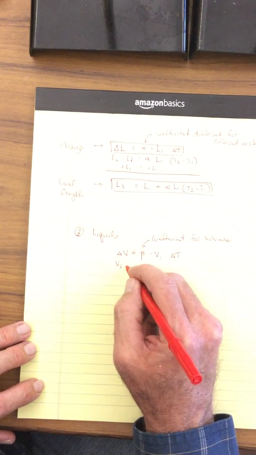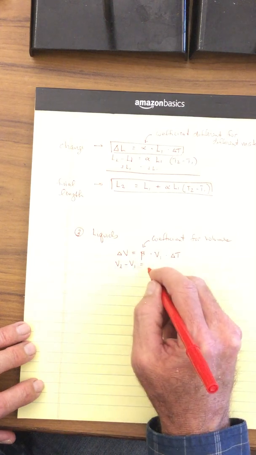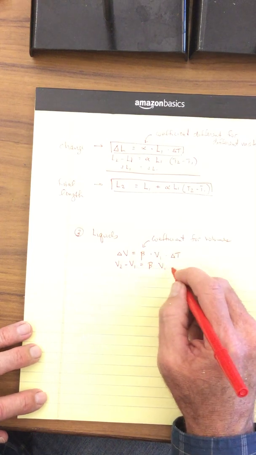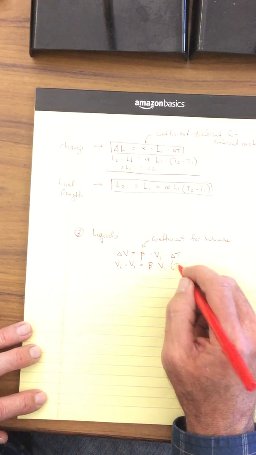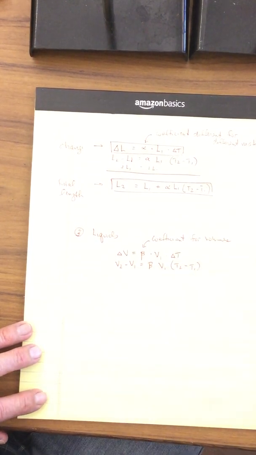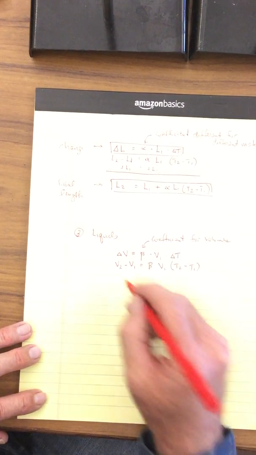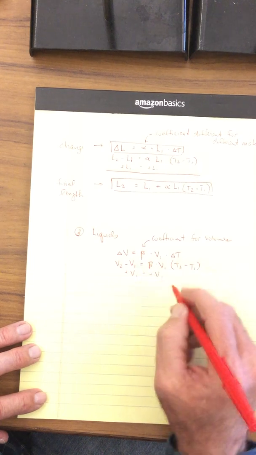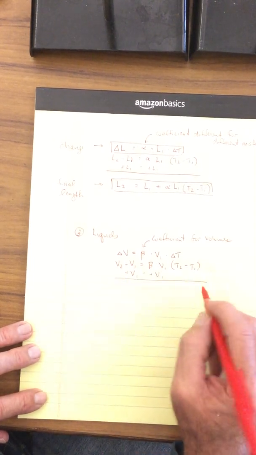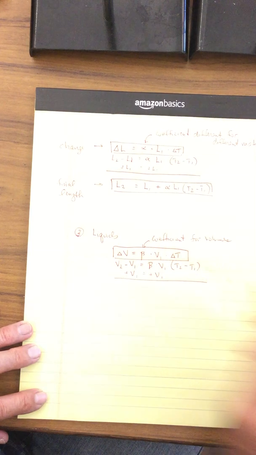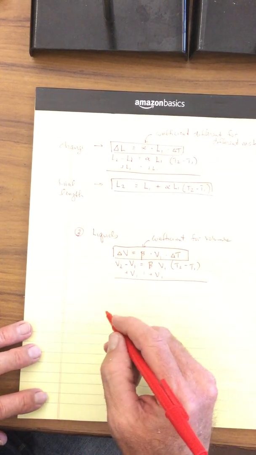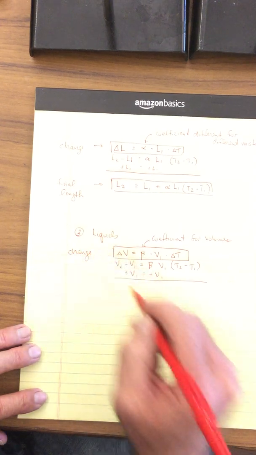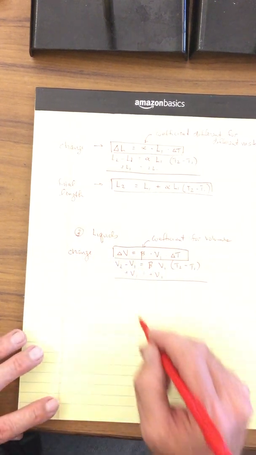Here you're going to have V2 minus V1 is equal to beta times V1 times T2 minus T1. We can add the initial volume to both sides. So while this is going to be a master volume formula for finding the change in volume, we can also be asking what is the final volume?